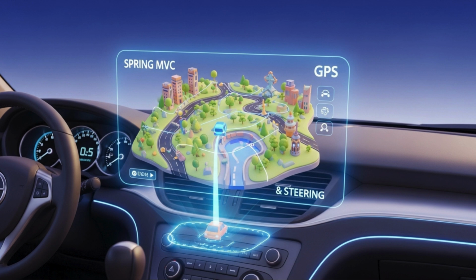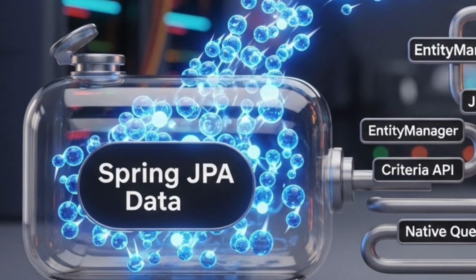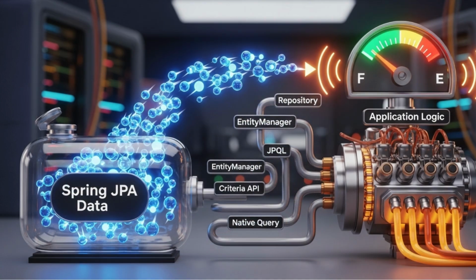And the next guy, Spring Data JPA, is equivalent to the fuel system in your car. Cars run on fuel, applications run on data. So Spring Data JPA is the fuel system of your app. Annotations like @Entity, @Id, @Repository manage your database, storing, fetching, and sending data to the engine, just like fuel powers the car.